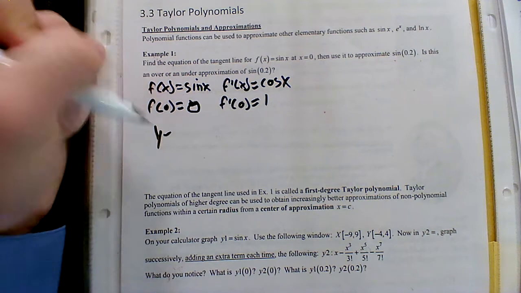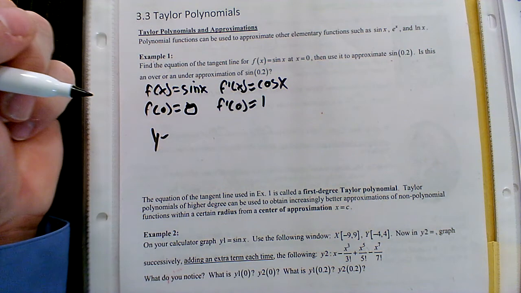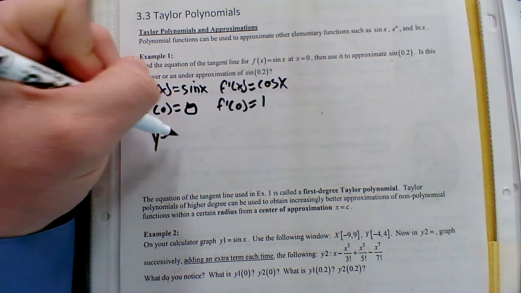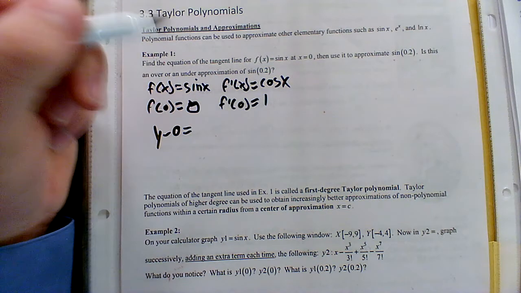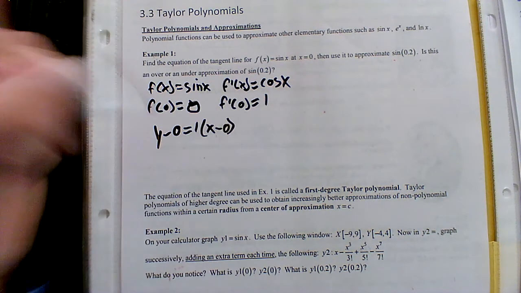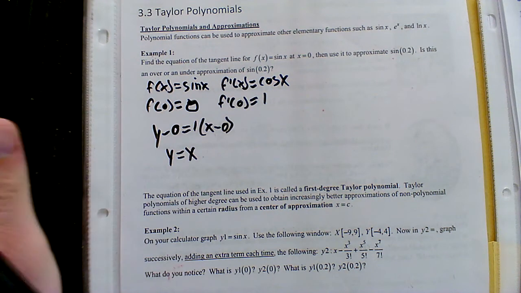It's going to be y minus 0 equals, the slope is 1, then x minus 0. So we get y equal to x.